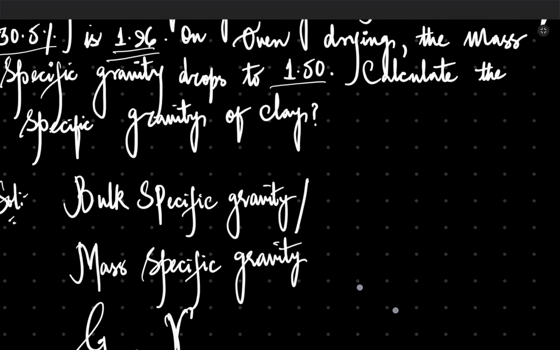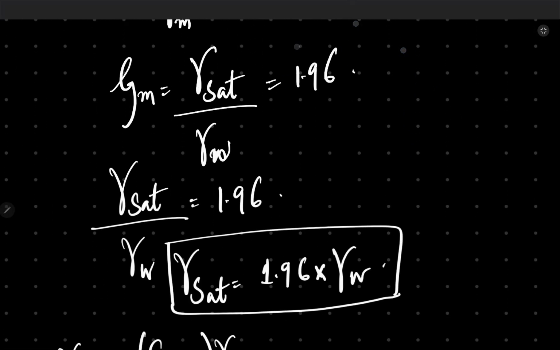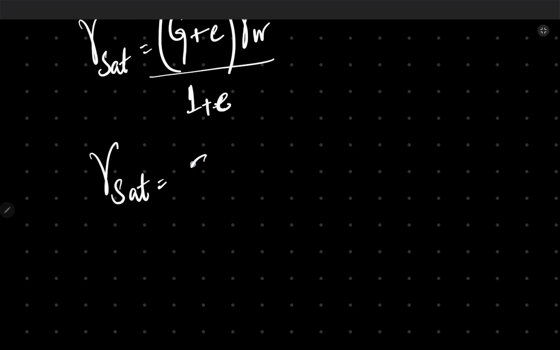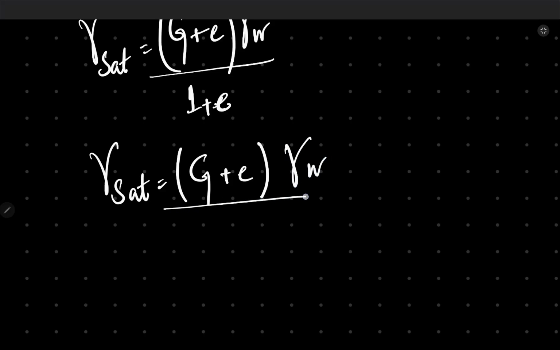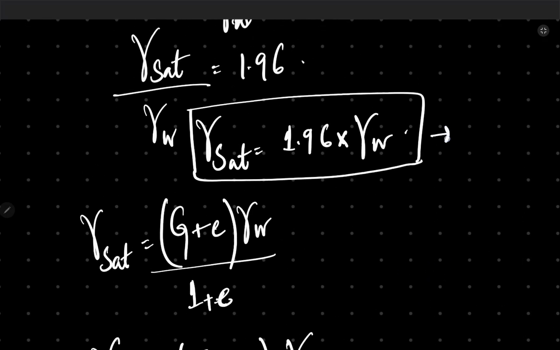We have to find the specific gravity of clay. So (G plus e) times the unit weight of water divided by 1 plus e. But here I replace the saturated thing with this equation. Let's call it equation first.